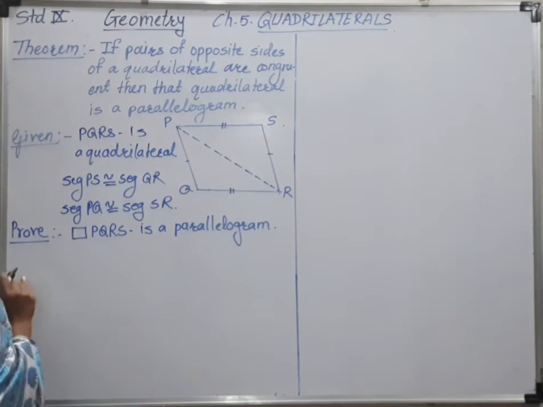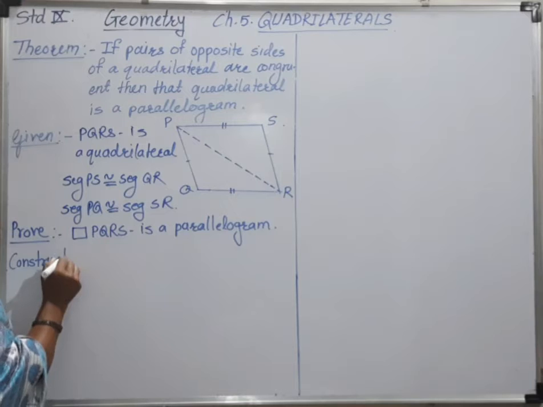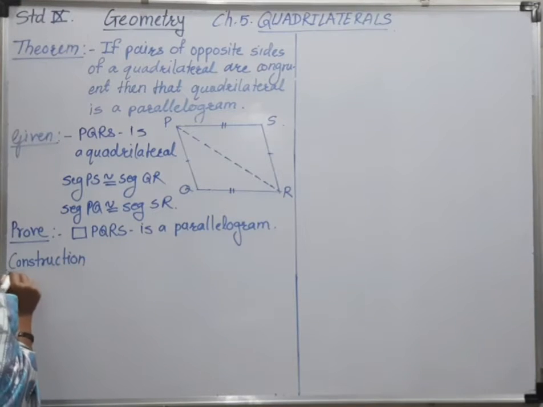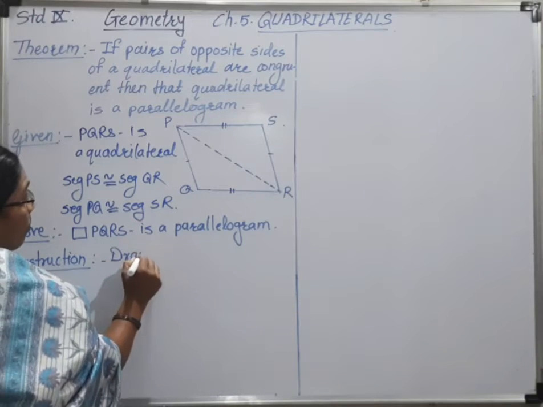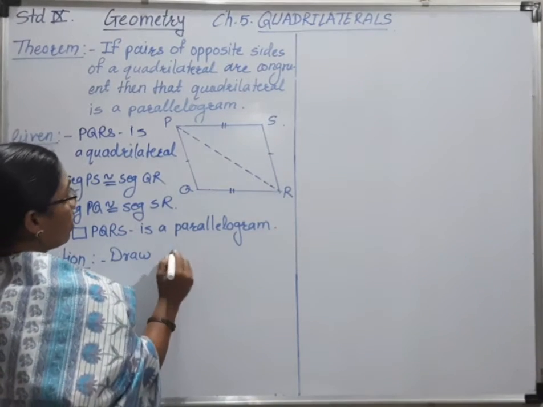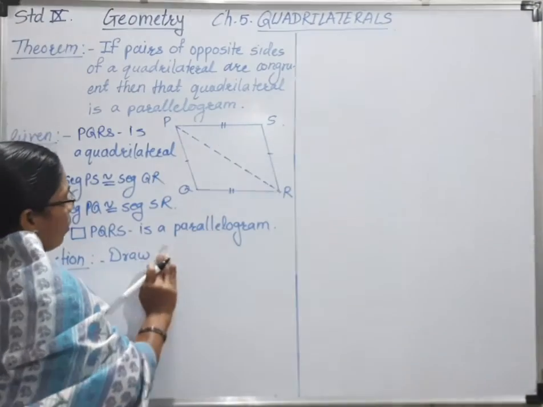In this we have to do the construction. Draw PR, or join opposite angles. Draw diagonal PR.